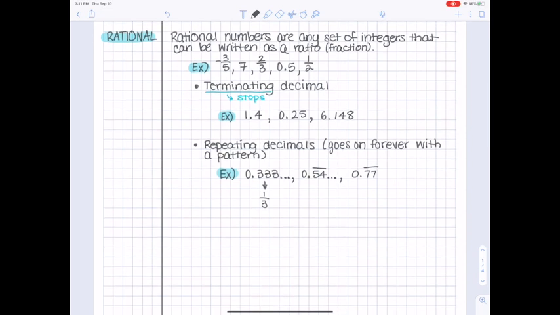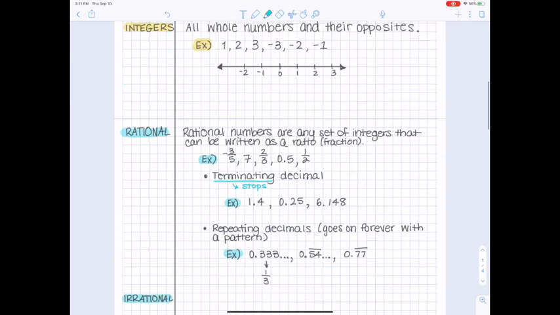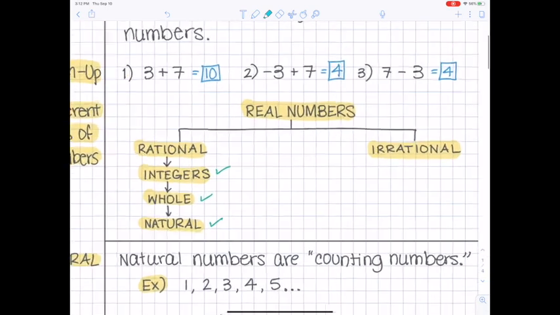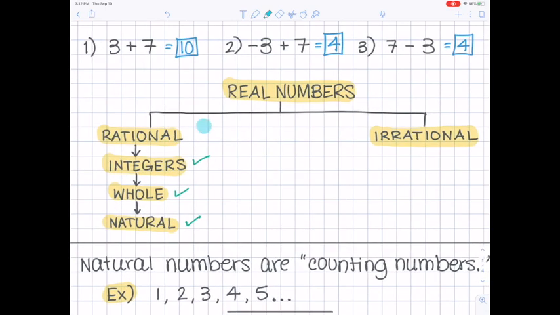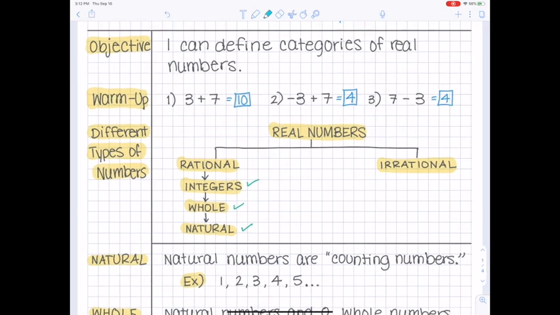Then we have our last category, which is irrational. Okay? So let me go back to my old notes. Remember when we were doing real numbers? All of these right here, they're all rational numbers. They're just different kinds. The opposite of that is irrational. So that's what we are going to define now.